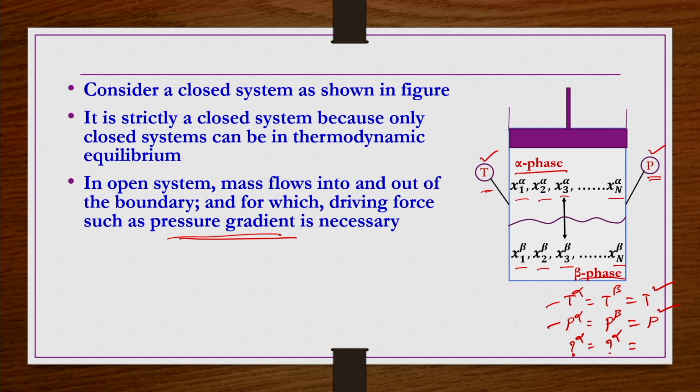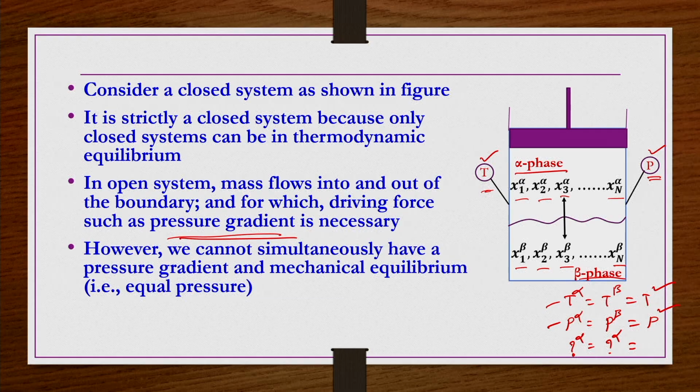So if a pressure gradient is required for mass to flow in and out of the boundary, then obviously there will not be mechanical equilibrium. If there is a pressure gradient, that means the pressure is not the same everywhere, or not the same on either side of the boundary.